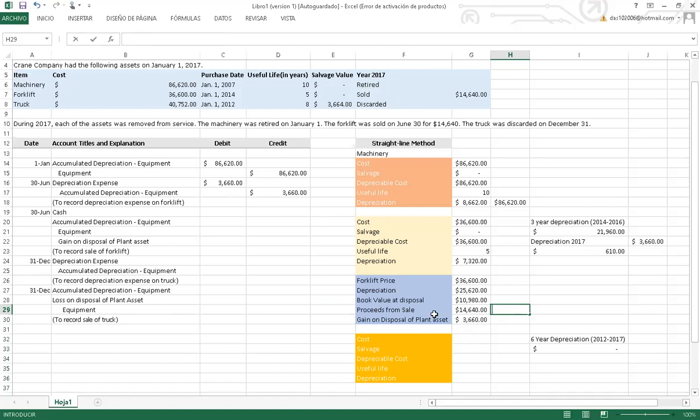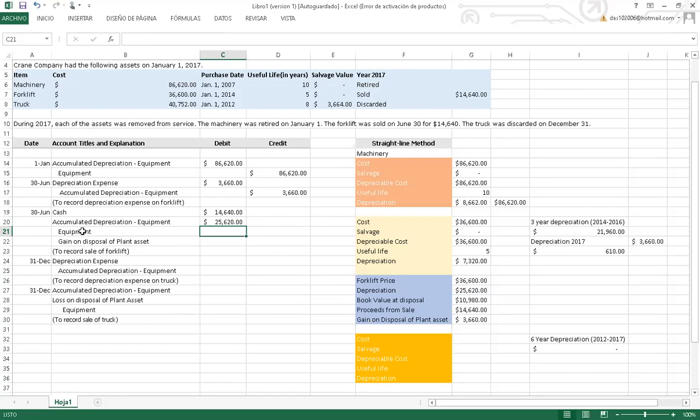Now, to record all of this information on the journal, first we are going to debit the cash account because we are receiving the amount of $14,640. Then we have the accumulated depreciation of equipment that is going to be the total depreciation of $25,620.